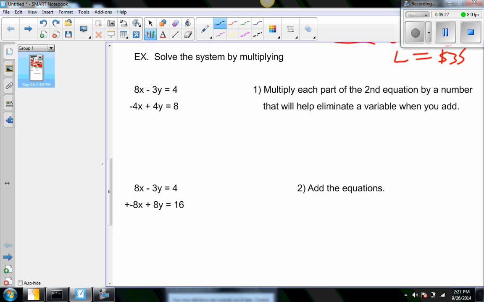I'm just going to do 2 times this whole thing. So distributive property, 2 times negative 4 is negative 8x. 2 times 4y is plus 8y. And 2 times 8 is 16. You got to do it the whole way across or you can't do it. And then I'll just recopy the other one below it.